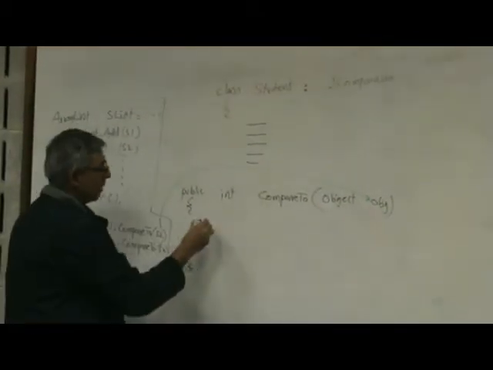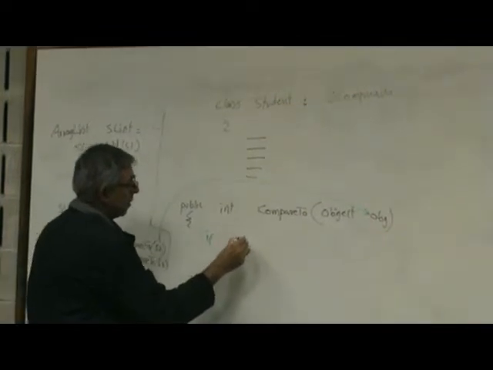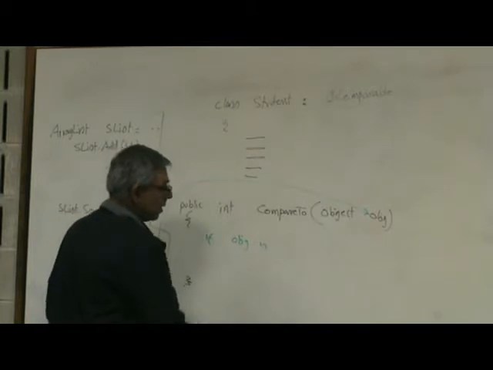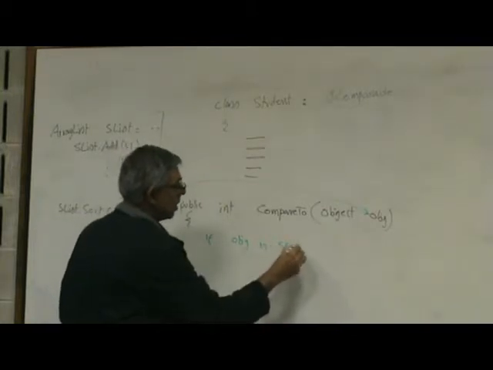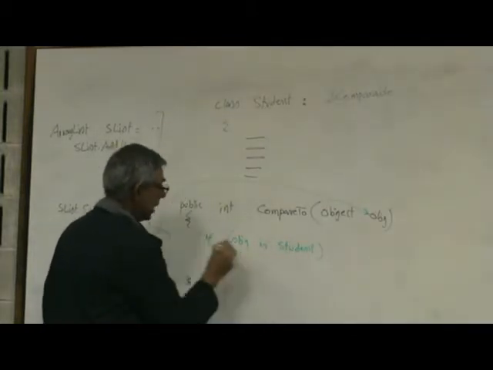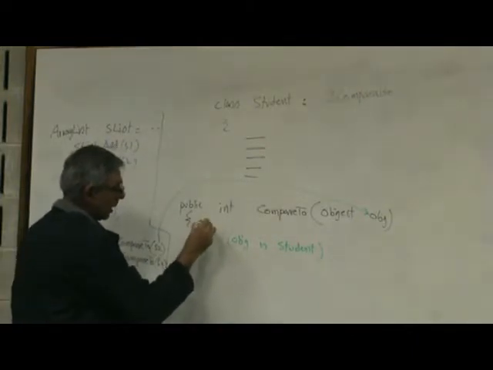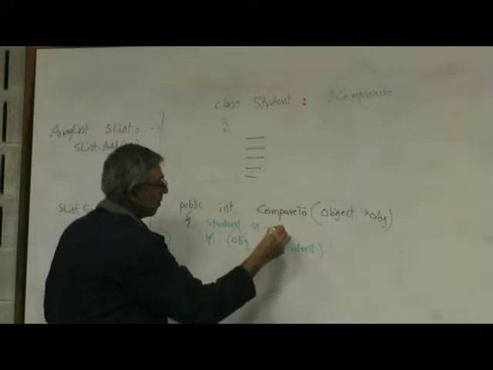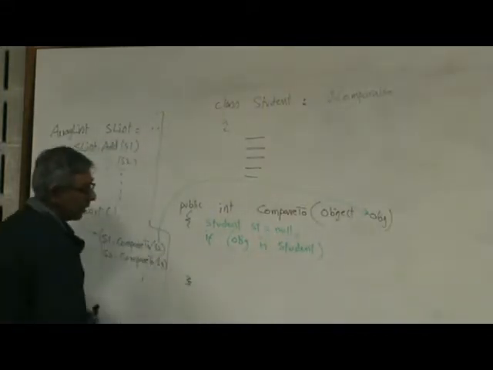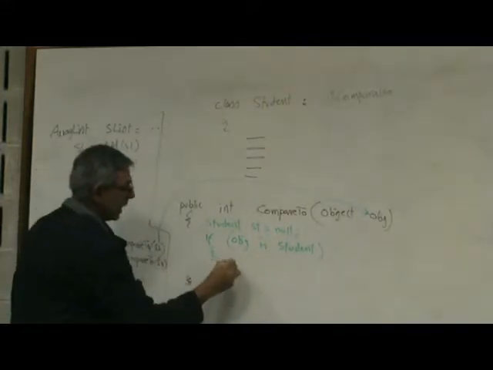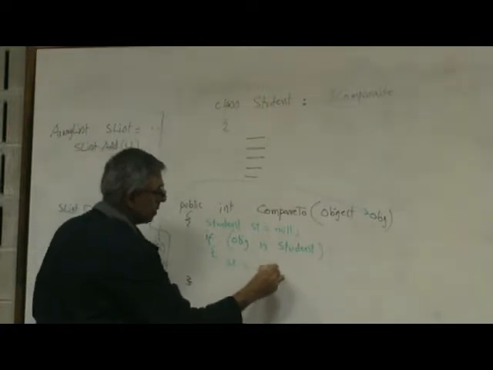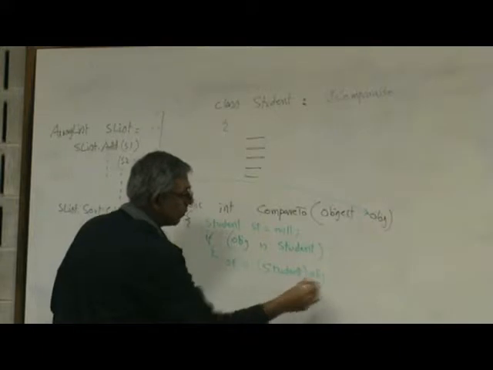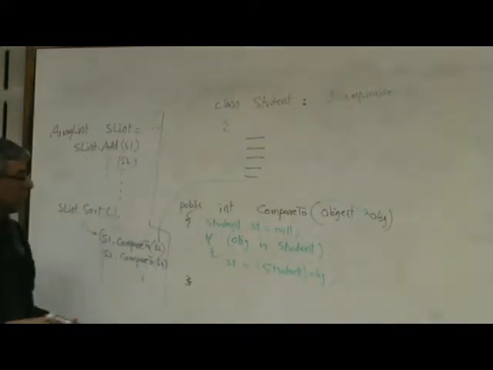So we had written something like, if obj is student, and then we will do something like student st equal to null, for example, before this. Then we will say st equal to student obj. So we'll convert the obj to a student, correct?